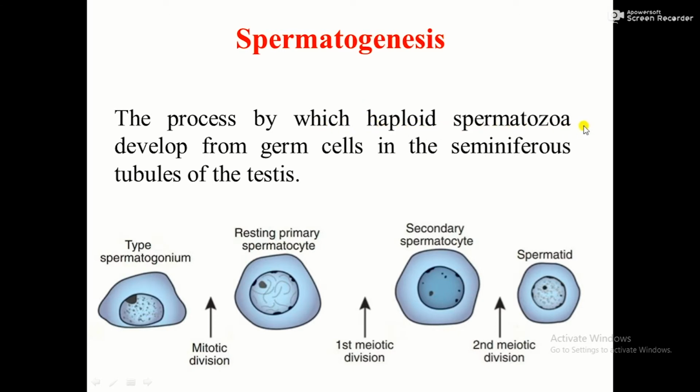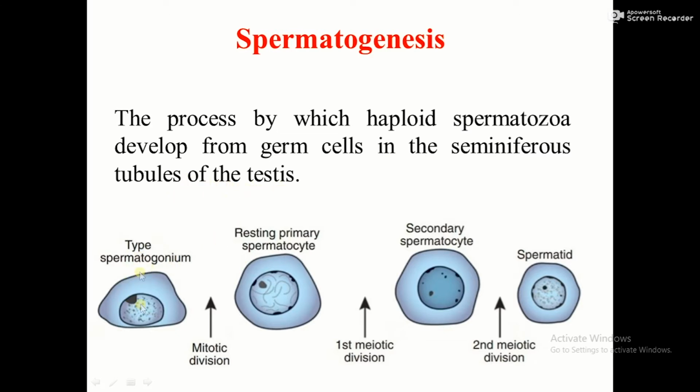Haploid spermatozoa are the mature sperms that can fertilize the ovum. The haploid spermatozoa develop from germ cells. Germ cells means the beginning cells that are in the seminiferous tubules of the testis.